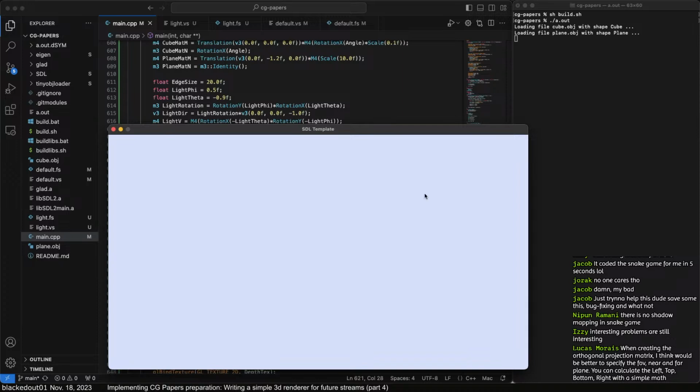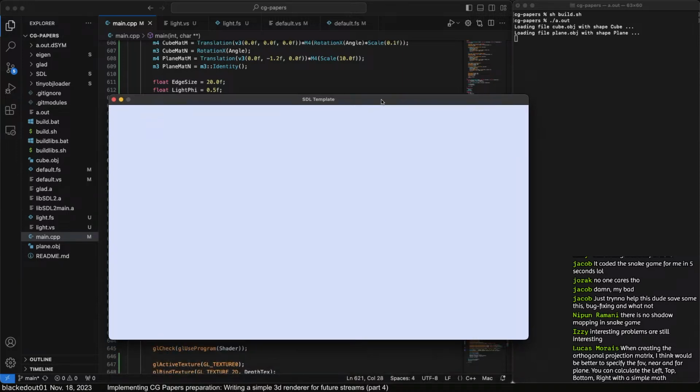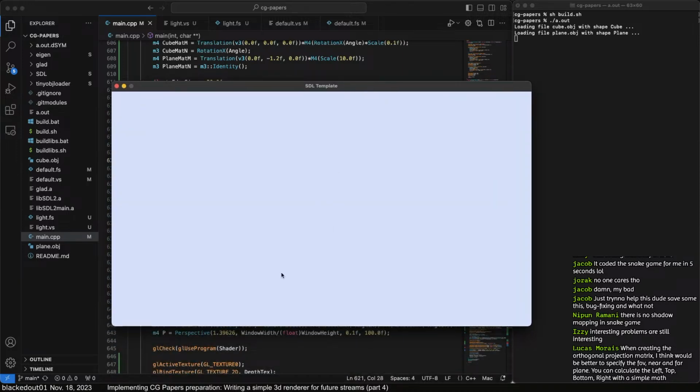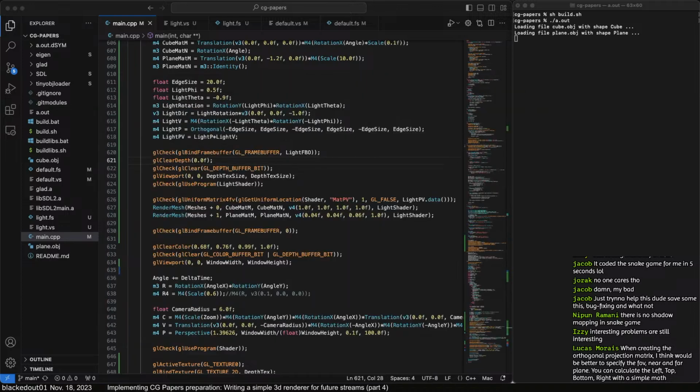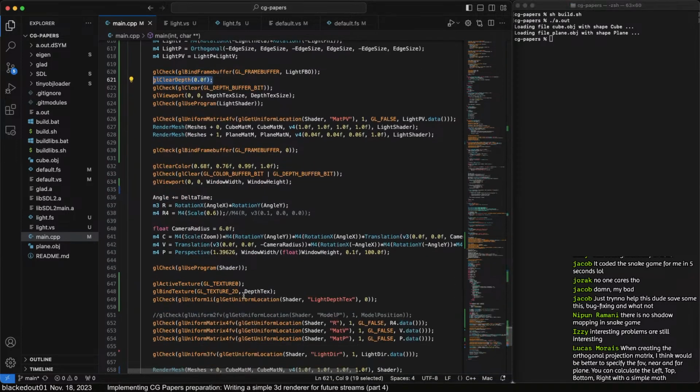And actually we see nothing, which is really interesting. Oh, well, probably because the rendering itself doesn't work then.